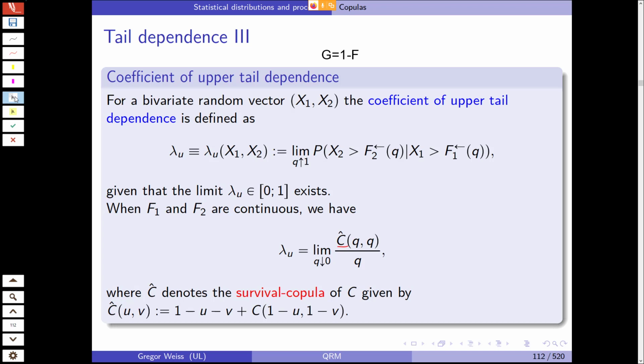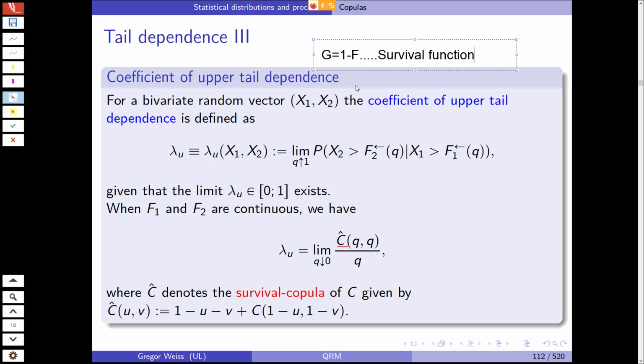How is this new distribution G called? This is the so-called survival function. We have this in statistics in general, but especially in insurance mathematics, because if F is the distribution of a person dying in life insurance, then 1 minus F is the probability of survival.